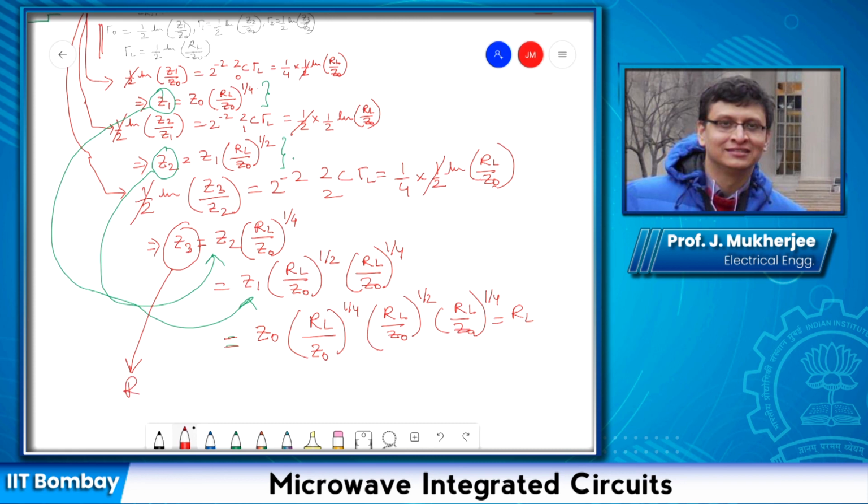Z3 is nothing but RL. So my left hand side is equal to right hand side, and therefore all three equations are consistent. So that's the advantage that I get when I use this simplification. But there is one problem with this simplification also.